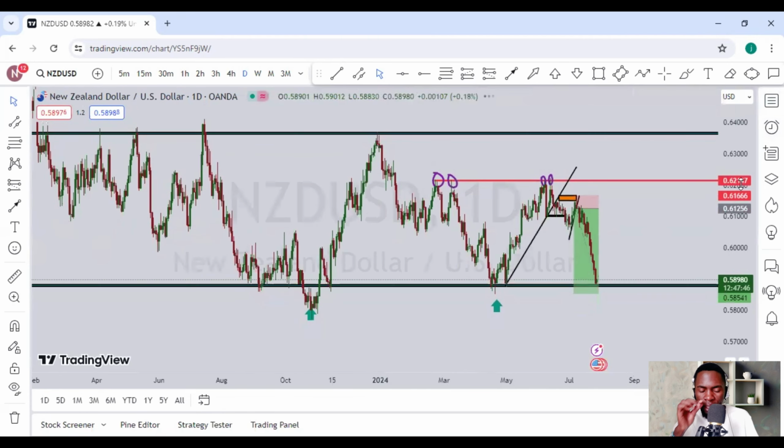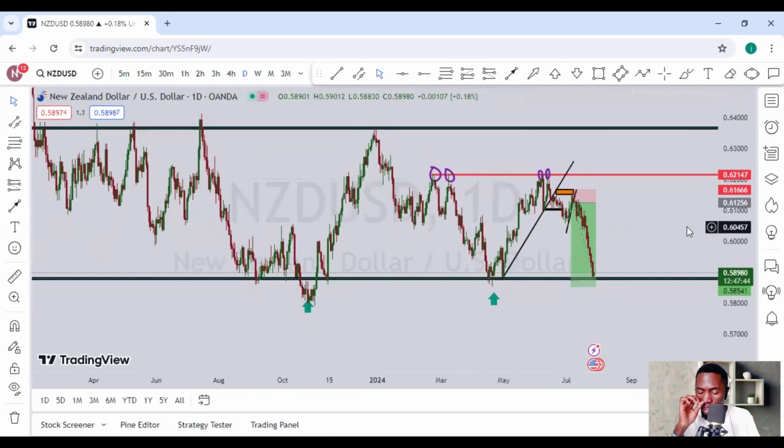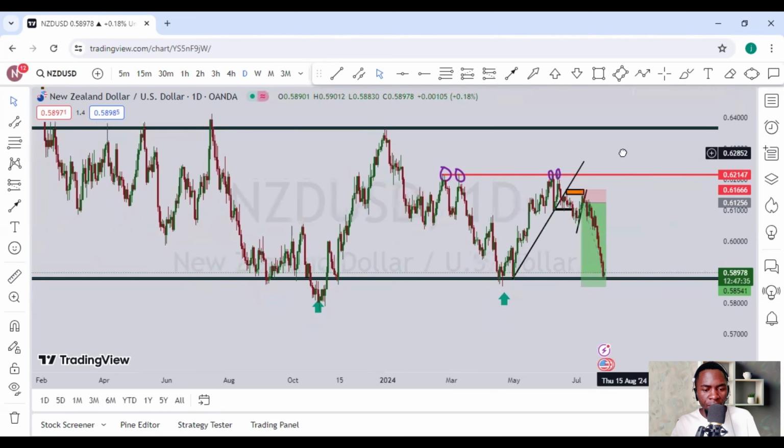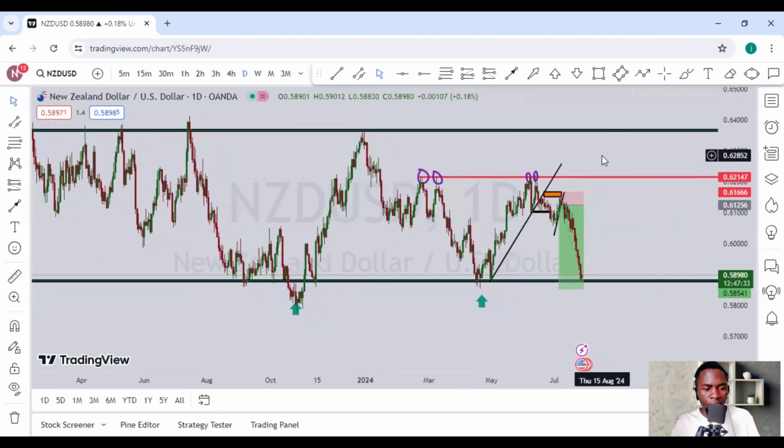This one is a little bit challenging for me, but this one, NZDUSD. One of my viewers asked me in the comment section to analyze this pair.